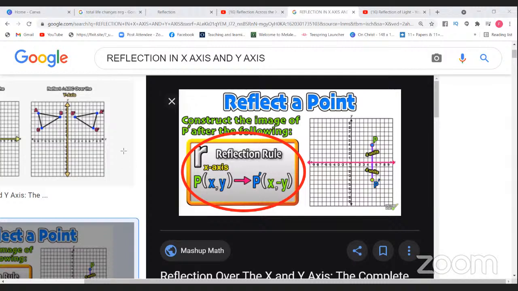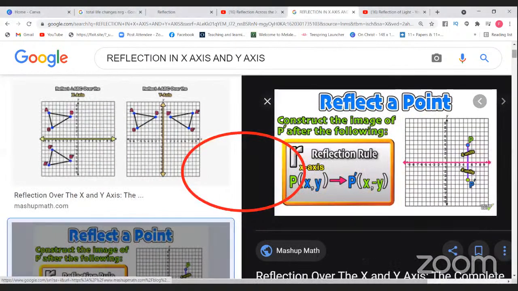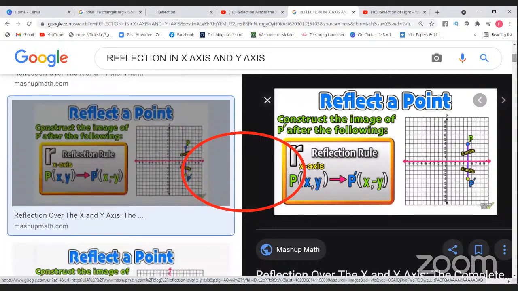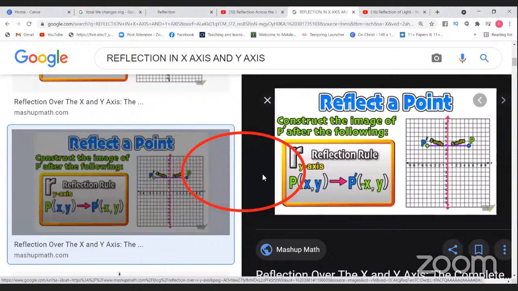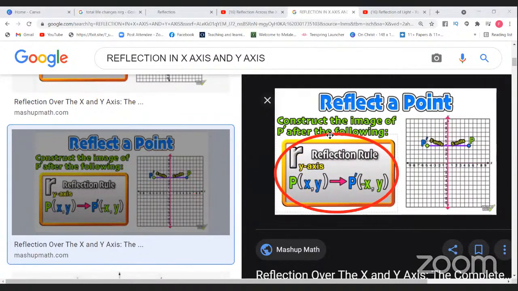All right, have that by now. You have that by now, Peter? So this is the y-axis now. This one is the y-axis. So the first one was the x.